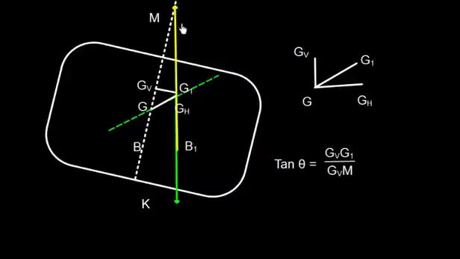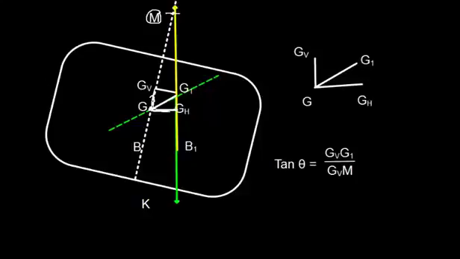Now this new force of buoyancy will cut the center line at M, which is called the metacenter, and this G was here, which is shifted to G1, and this will have two components, GGH and GGV. So this is GGH in this direction and this is GGV.